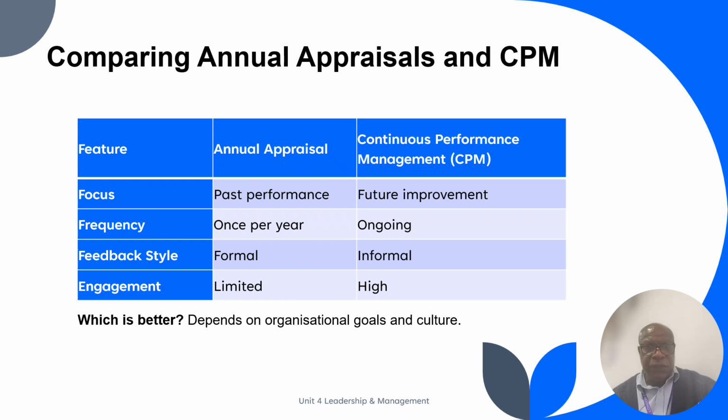The engagement for annual appraisal is limited because it happens once a year. With CPM, it happens more often, so we say it's high. Which is better would depend on the organization's culture and goals. So you can do a combination of both, or sometimes you can even have it quarterly as well. So it depends on the organization and its culture.